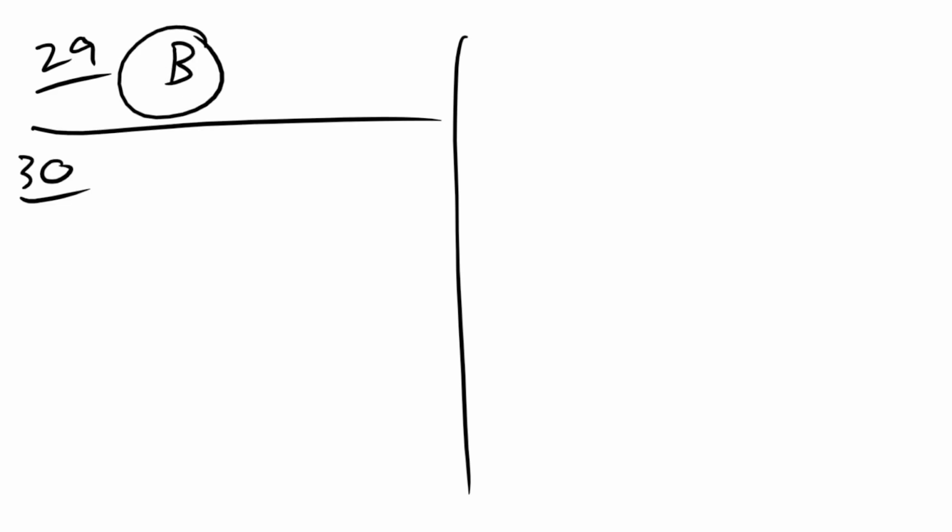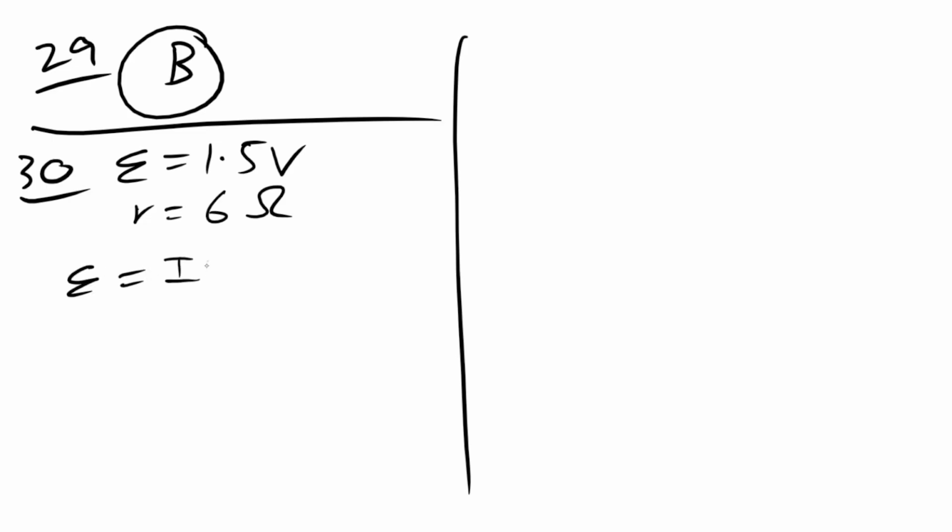Easy. 30, we have 3 batteries. Well, they're in parallel, so we still know that the EMF is 1.5, but they all have an internal resistance of 6 ohms. So what's the current in R? Okay, so we know EMF is equal to IR plus IR, or we're going to do the factorized version. What's the total internal resistance going to be?